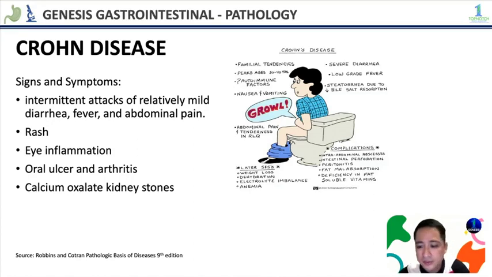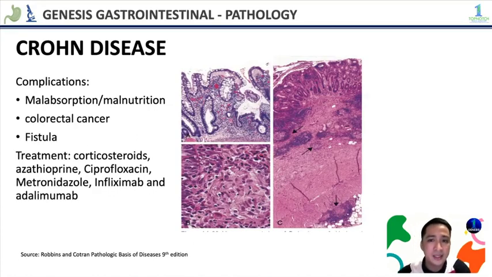So that's your Crohn's disease. Again, you will see malabsorption and malnutrition because of the repeated cycles of inflammation. Take note, there is a predilection to colorectal cancer and fistula formation.